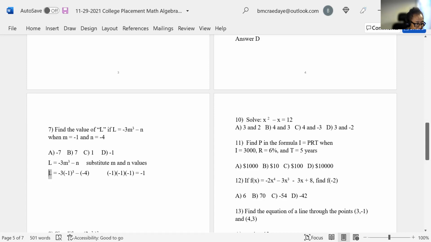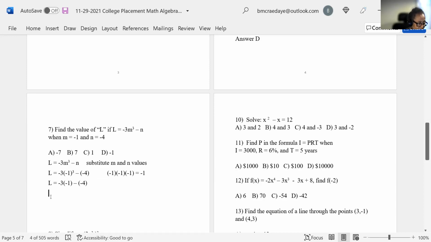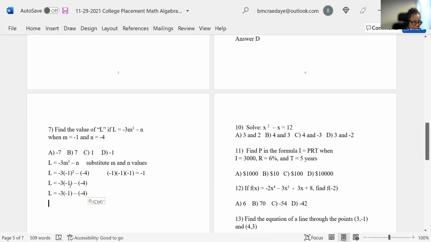So this becomes, let's just put our minus 1 there. So L will be minus 3 times a minus 1. What's a minus 3 times a minus 1? No, like signs give you plus.